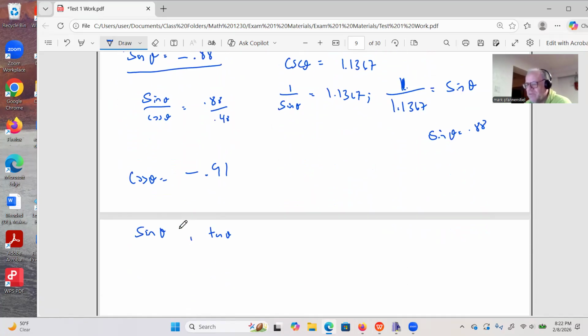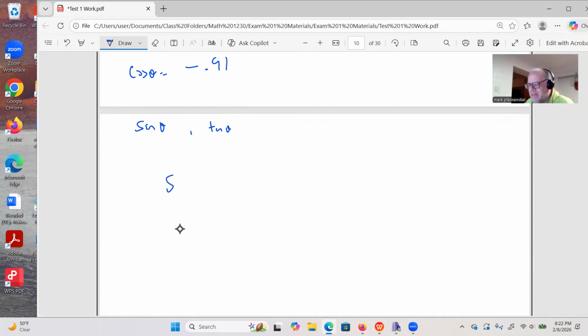Okay. To figure out sine of theta, we can say that sine squared plus cosine squared is equal to 1. So sine squared is equal to 1 minus cosine squared theta. Sine will be plus or minus the square root of 1 minus cosine squared theta.